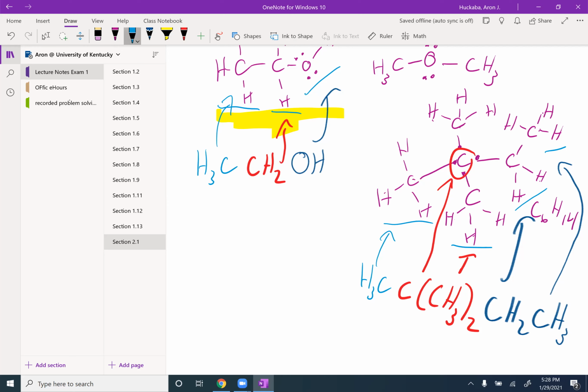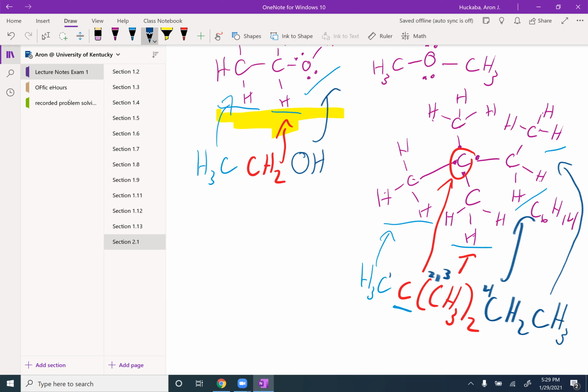So for instance, the underlined blue carbon here, it has 4 substituents, 4 things bound to it. It has 1 CH3, it has 2 CH3s there, and the 4th one is that group.